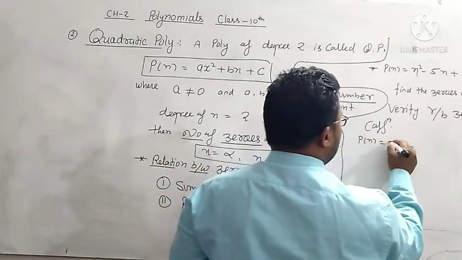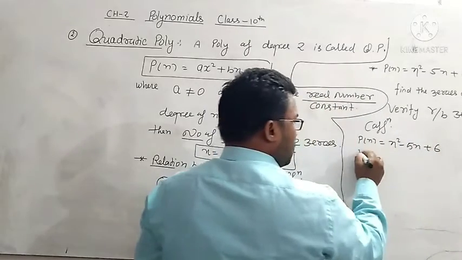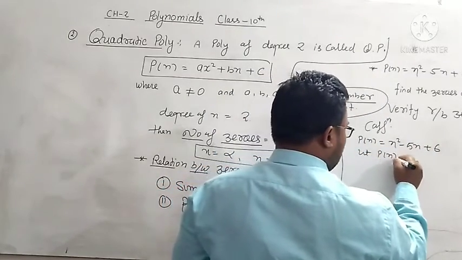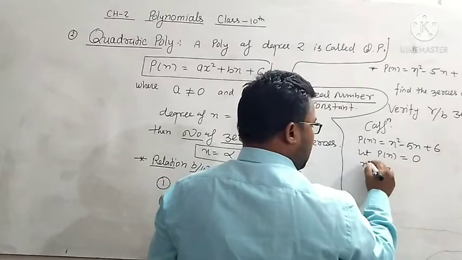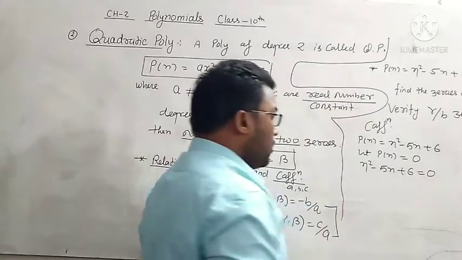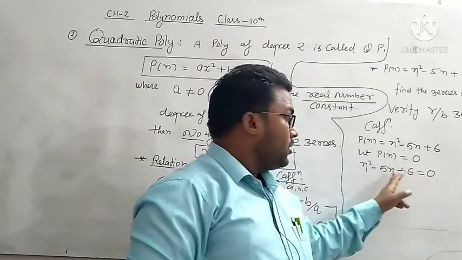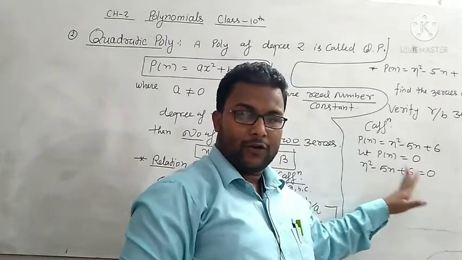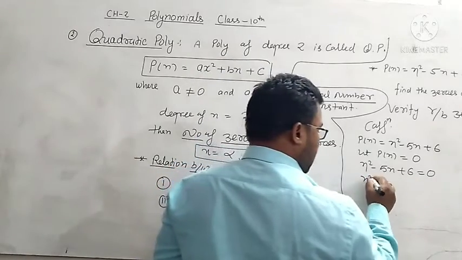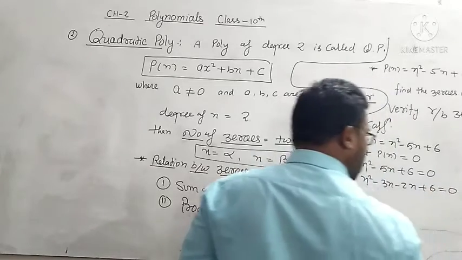So px is equal to x square minus 5x plus 6. Suppose let px is equal to 0. So x square minus 5x plus 6 is equal to 0. तो 6 बन जाओ 6. The factor the value of 6. 3 2 जा 6 and 3 and 2 5. x square minus 3x minus 2x plus 6 is equal to 0.